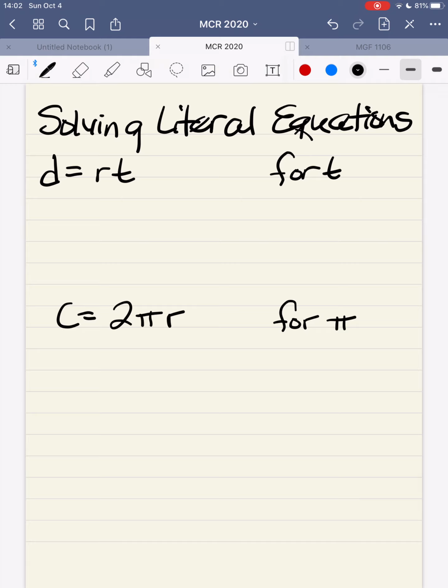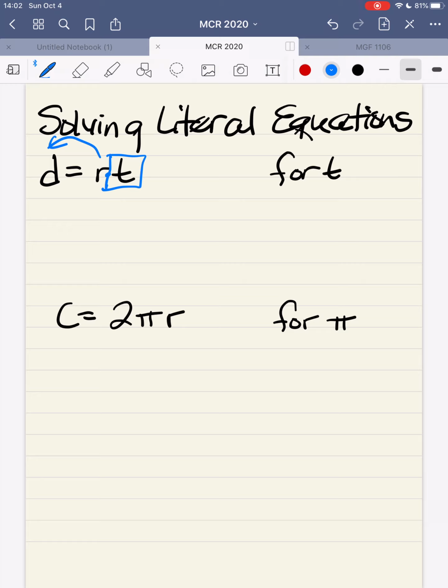All right, so let's look at the first one. I have D is equal to R times T. If there's nothing in between, we know that is multiplication. And my goal when I'm solving is to get everything away from the variable I'm solving for. So anything that is not T on that side of the equation needs to move to the other side.